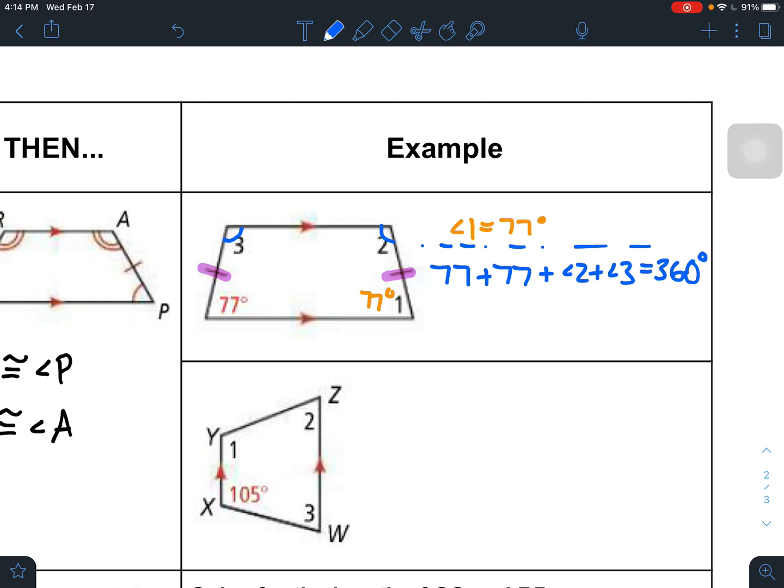So what I would get is 154, and angle 2 and angle 3 are equal to each other. I'm just going to call each one x, so there are two of them, and we're going to write this as 2x. I could do 360 minus 154.